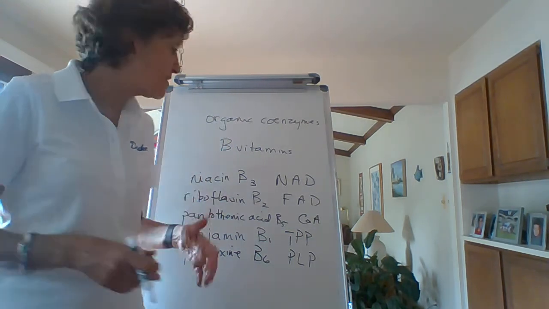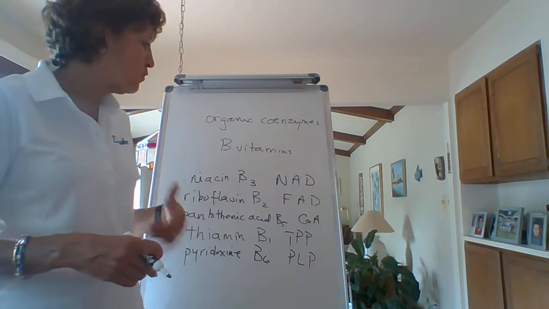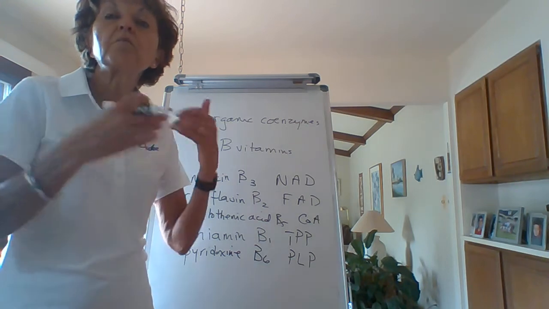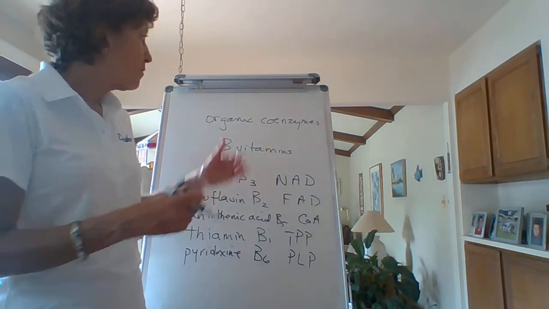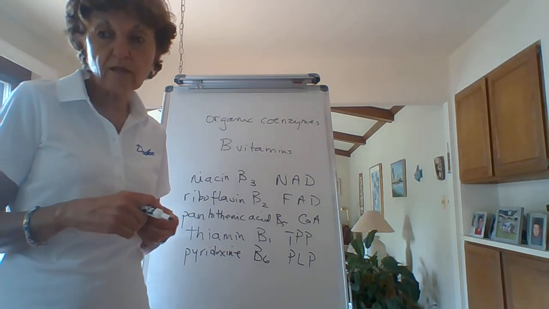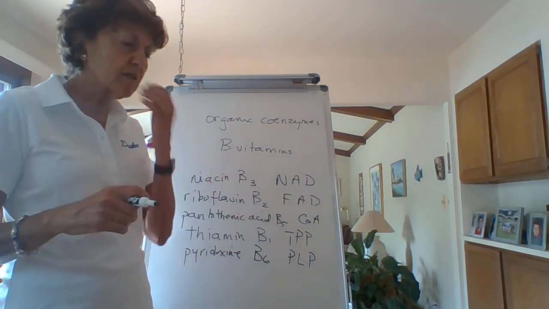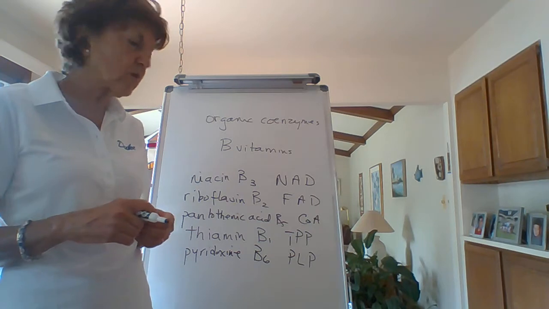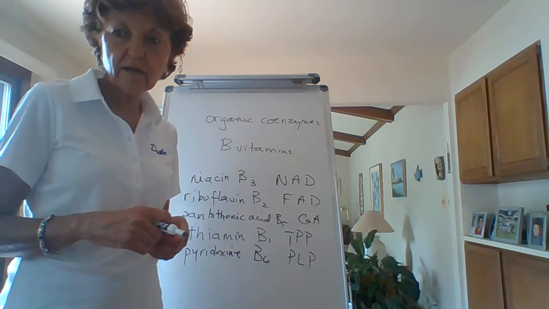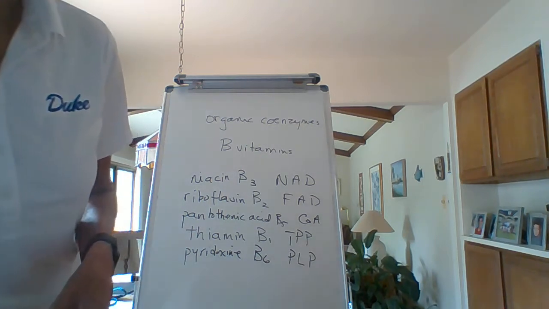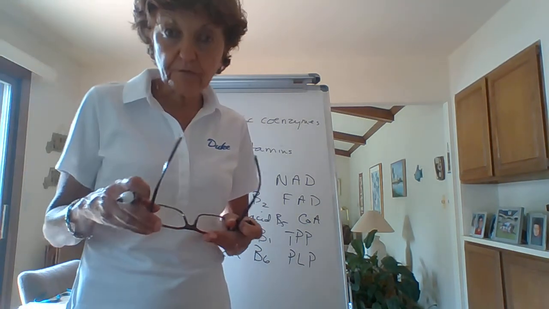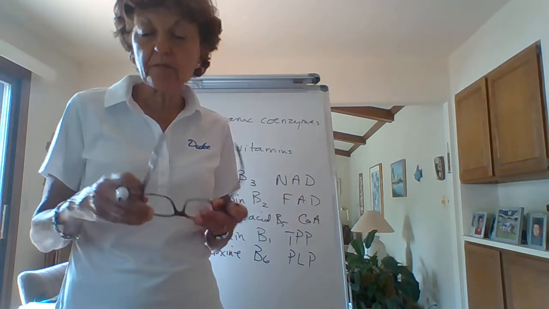The idea is that the B vitamins are used to make coenzymes that will then be prosthetic groups, organic prosthetic groups, to help enzymes do their thing. Let me see if there's another one that I'm missing. I feel that there's another one I'm missing, but these are the most important ones for now, so we can move on. All right, let's go ahead and talk about the different models for enzyme action.